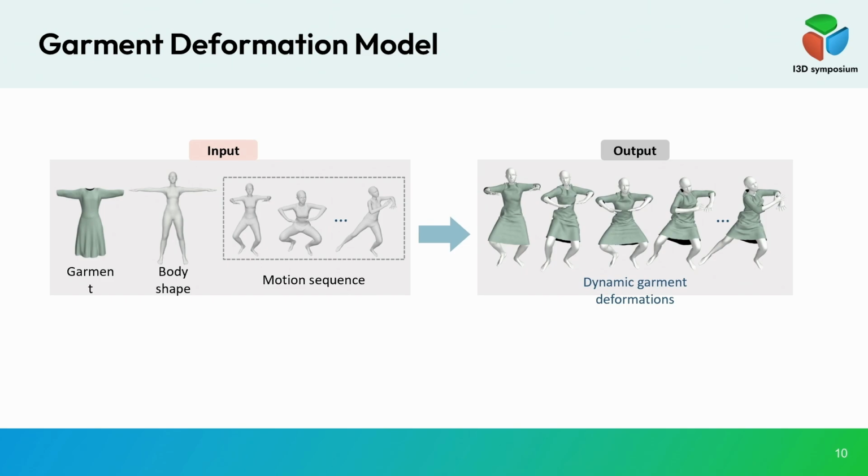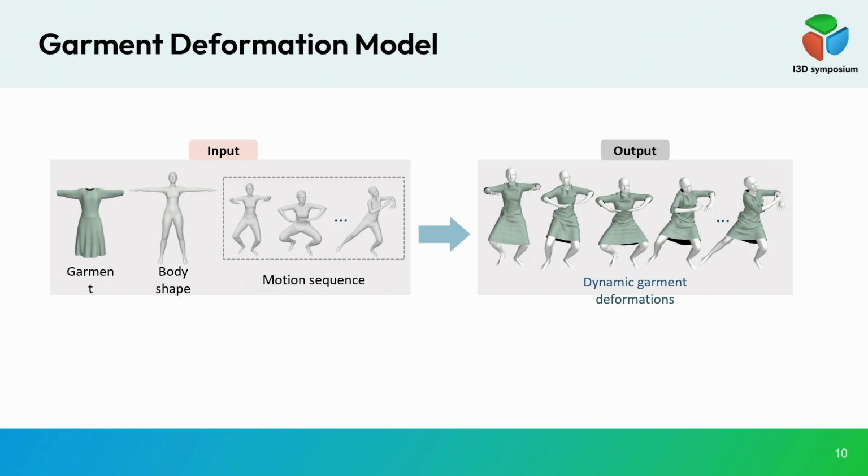Briefly, our project begins with an initial garment mesh, SMPL human body model, and a sequence of pose histories. Our objective is to develop a robust garment deformation framework.